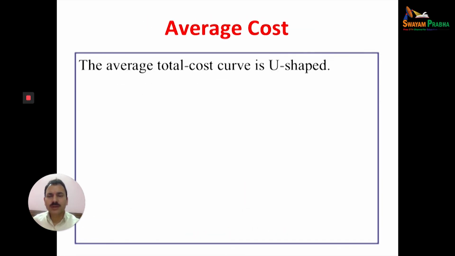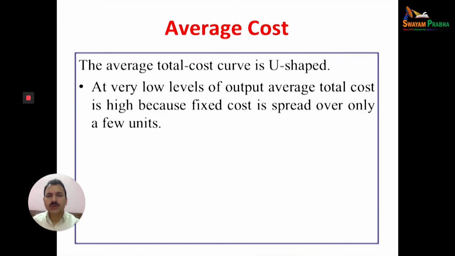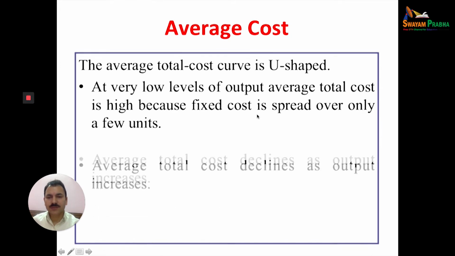Now next, the average cost is U-shaped. At very low levels of output, average cost will be high because fixed cost is spread over only a few units.